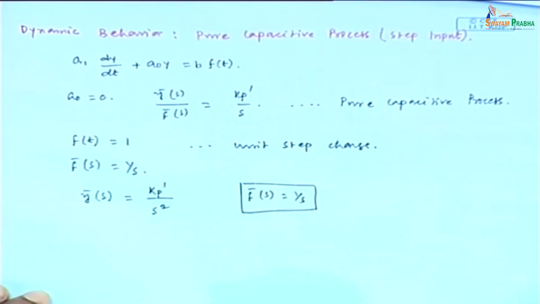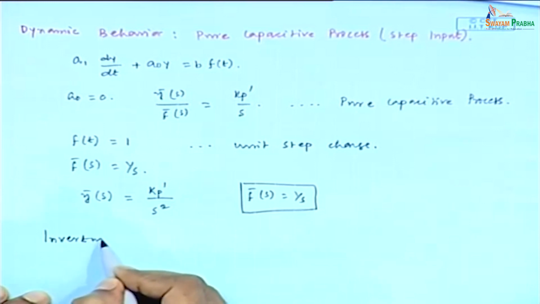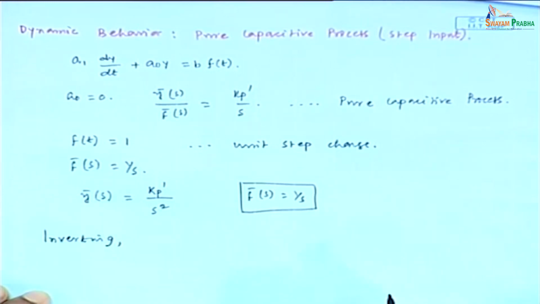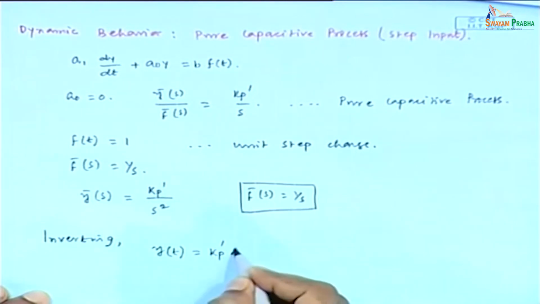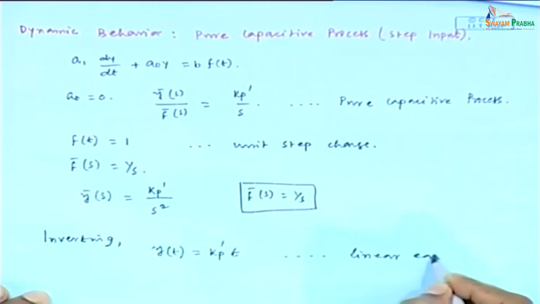Now, we will take the inverse of Laplace transform. Inverting, we get the output in time domain equal to Kp prime t. This is a linear equation, fine, with slope Kp prime.